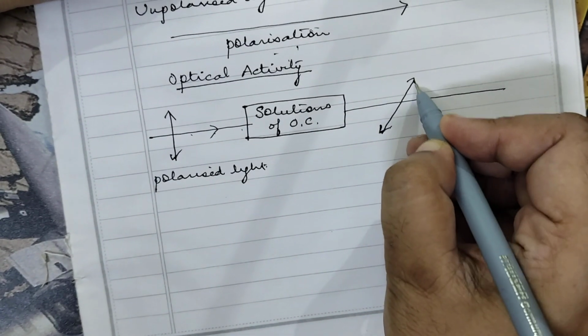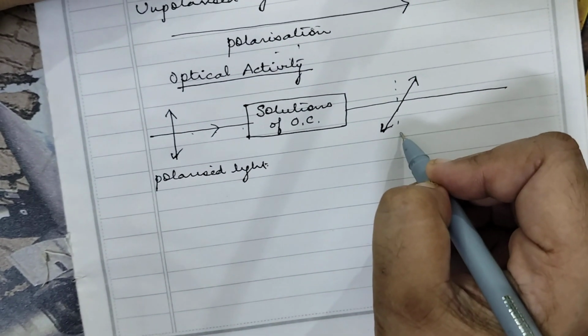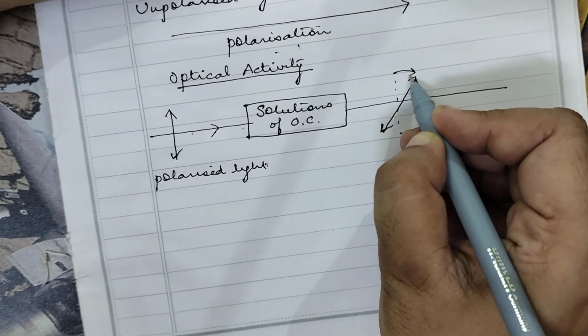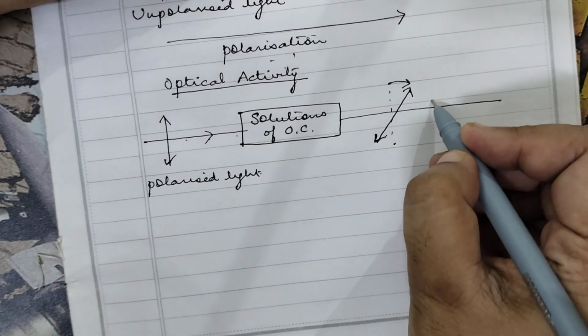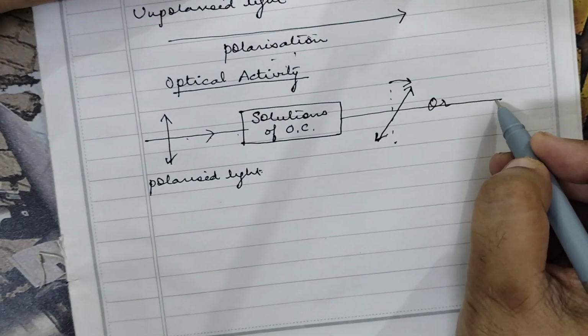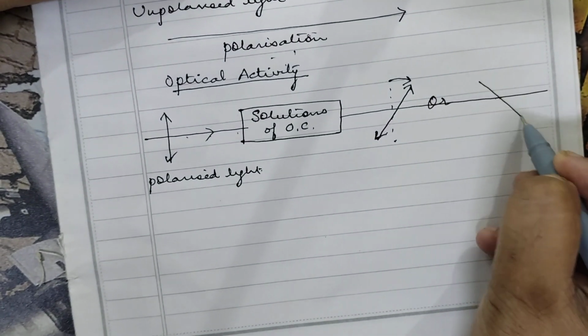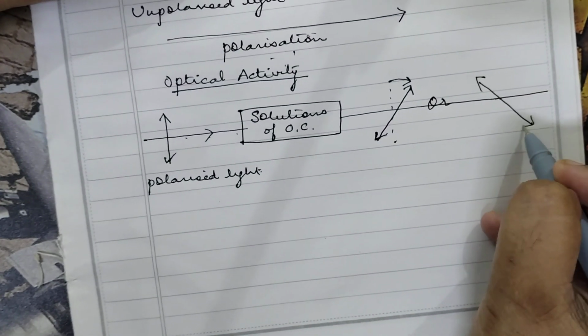You see, this was the original direction and now the plane is rotated towards right hand side, that is clockwise direction. Or it may rotate the plane of the plane polarized light towards left hand side.